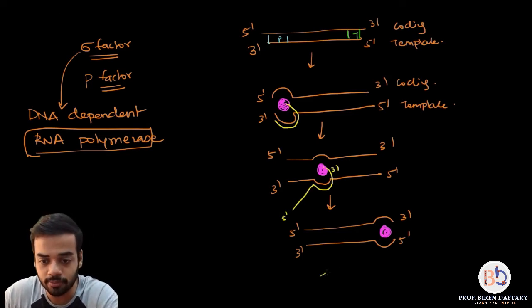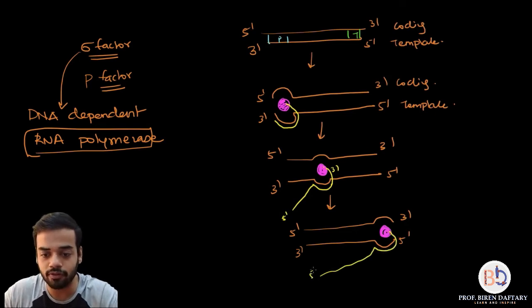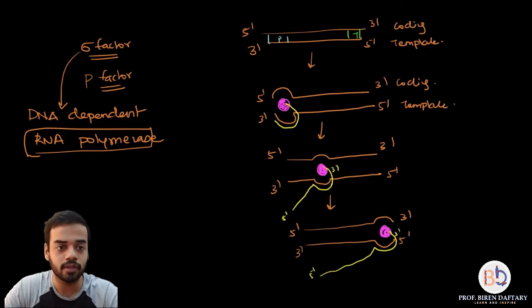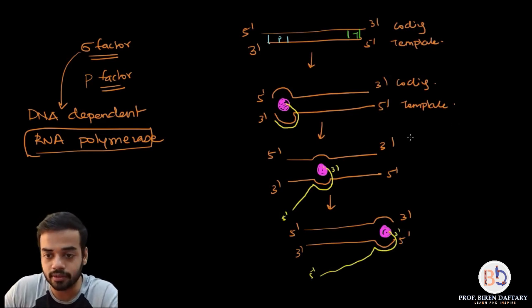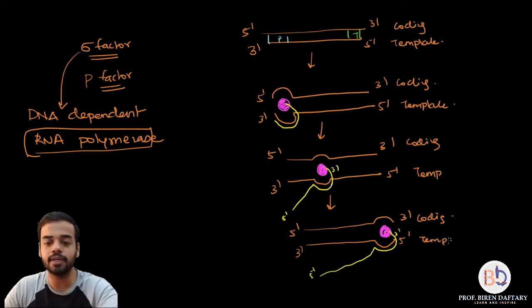So this is your mRNA, again it is bound over here, and the last part is bound over here, 5 prime, 3 prime. Okay, so let me write down coding template, correct?